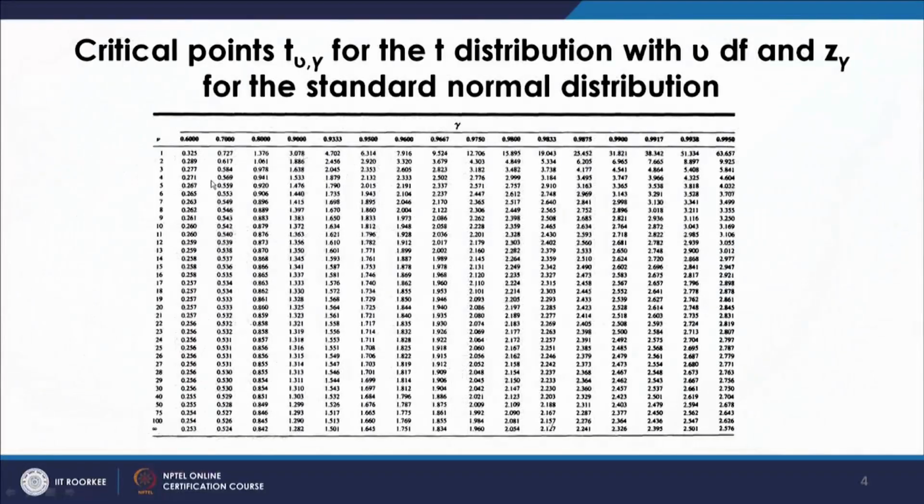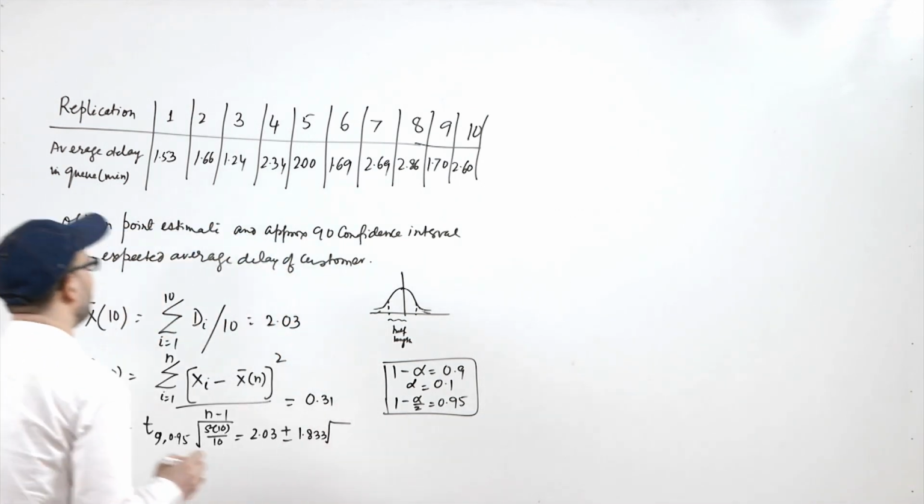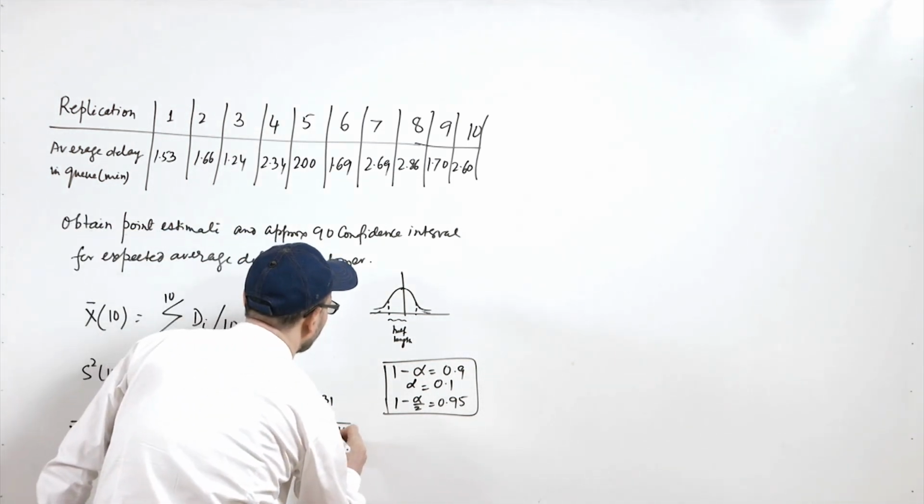Now, from this table if you look at, you have 9. So, t 9 and then you have 0.95, we are coming in this side. So, it is coming out to be 1.833. So, it will be 1.833 times under root s square n, which is 0.31, divided by 10.